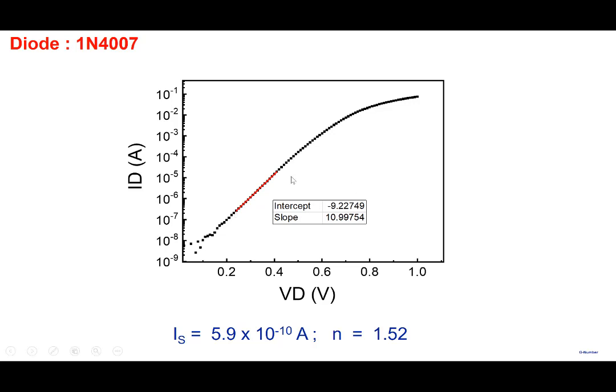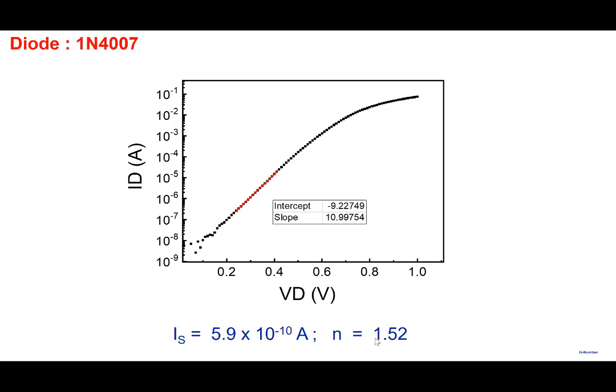So when we measure the diode's characteristics, you can compare with these numbers. What we find is a saturation current of 5.9 into 10 to the power minus 10, so 0.6 nanoamperes, and an ideality factor of 1.5.